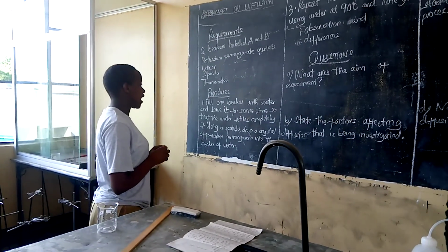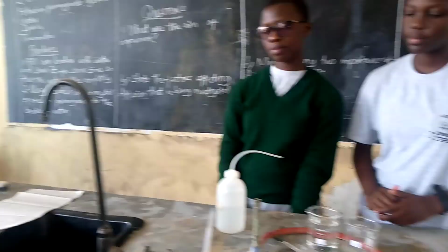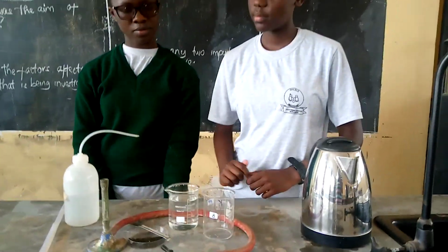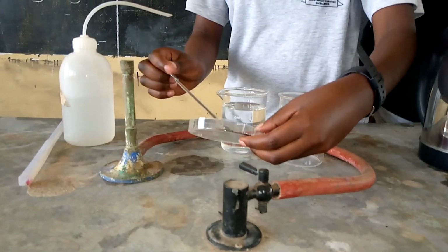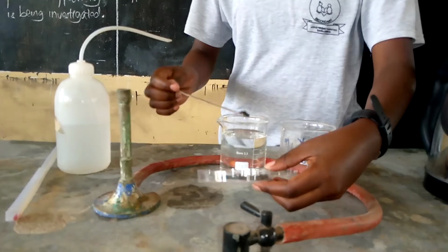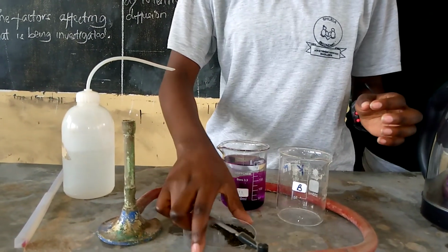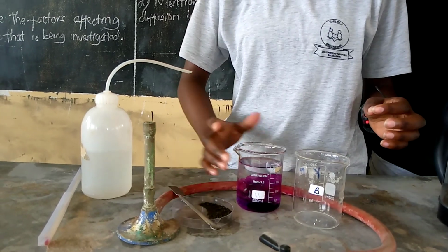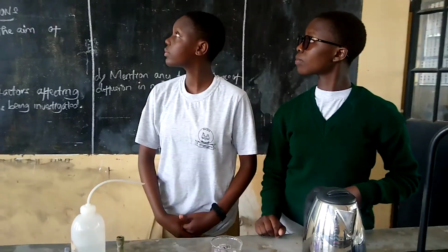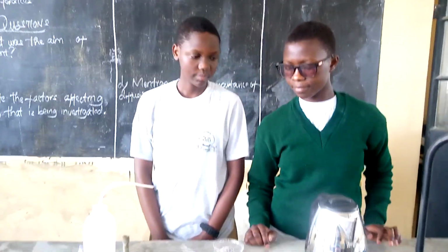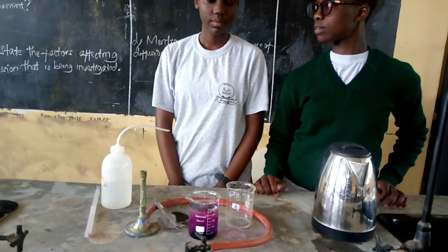Using a spatula, drop a crystal of potassium permanganate into the beaker of water. Procedure number 3. Repeat the experiment using water at 90 degrees Celsius, and note your observation and difference.